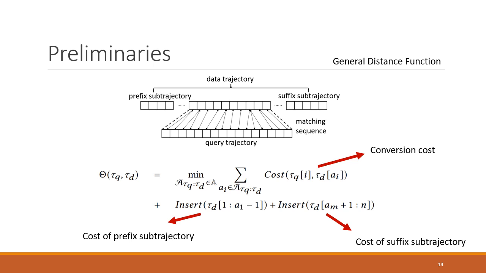We define the distance between the two trajectories as the minimal sum of the conversion cost for all corresponding matching sequences, along with the cost of inserting the prefix and suffix subtrajectories.